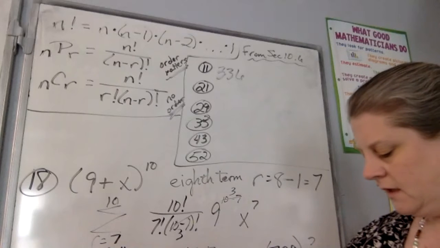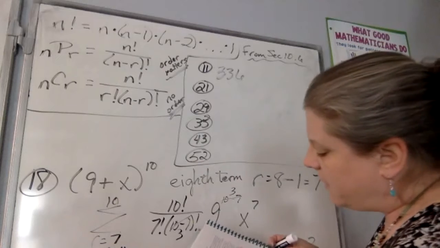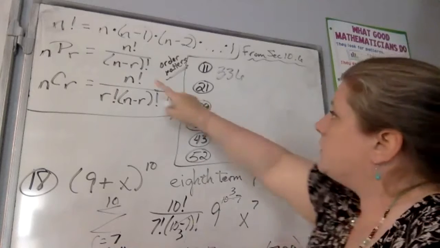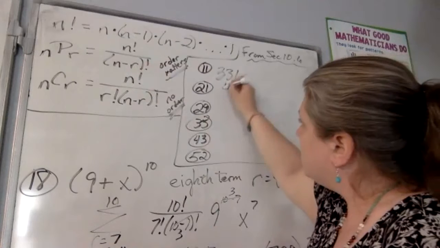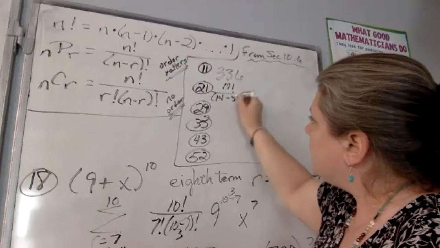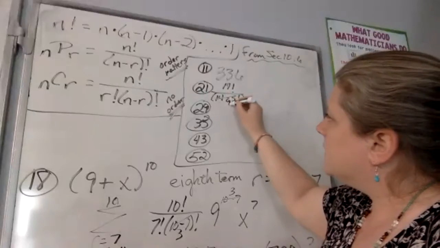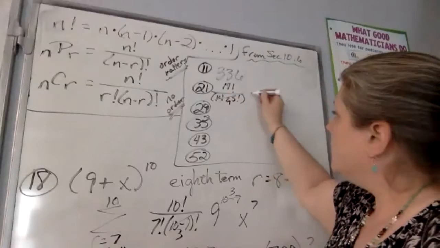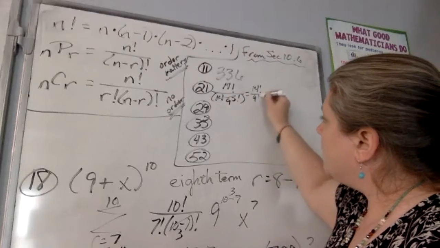Okay. Number 21 was the permutation of 14 and 5. So permutation is this formula. On the top, I would have 14 factorial over 14 minus 5 factorial. 14 minus 5 is 9. So I would have 14 factorial over 9 factorial.